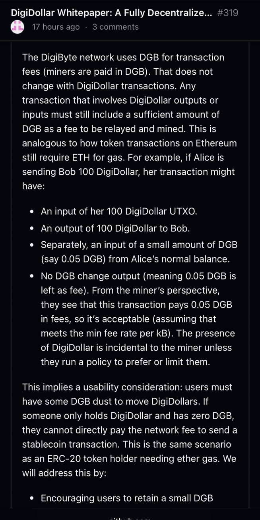No DGB change output, meaning 0.05 DGB is left as fee. From the miner's perspective, they see that this transaction pays 0.05 DGB in fees, so it's acceptable assuming that meets the minimum fee rate per KB. The presence of DigiDollar is incidental to the miner unless they run a policy to prefer or limit them.